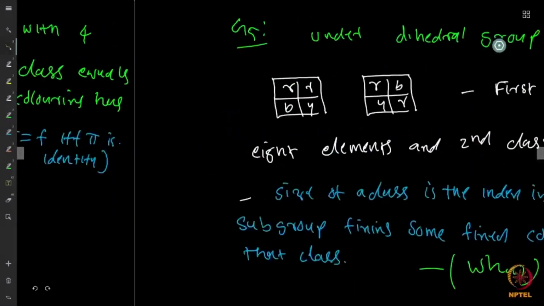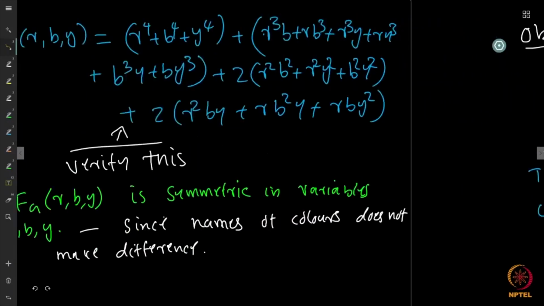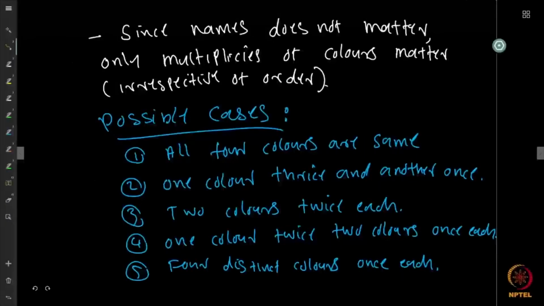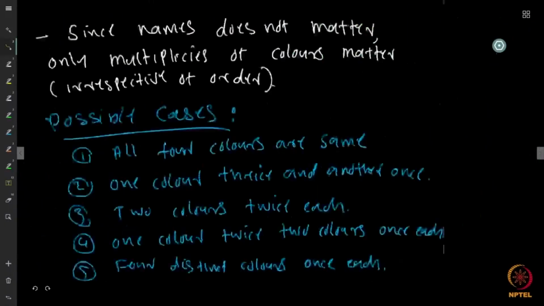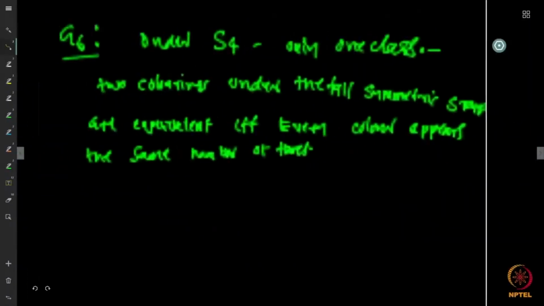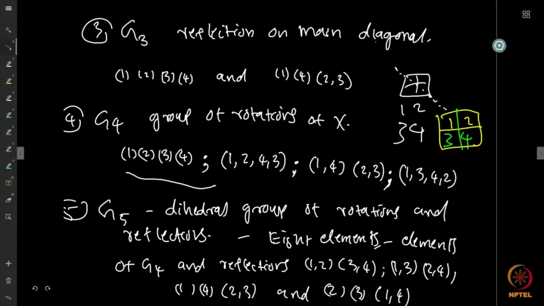And now what we are saying is, how many permutations are there with exactly 3 cycles? So we want to count that, right? Yeah, so this one has 3 cycles.